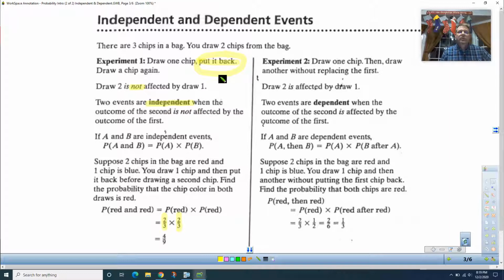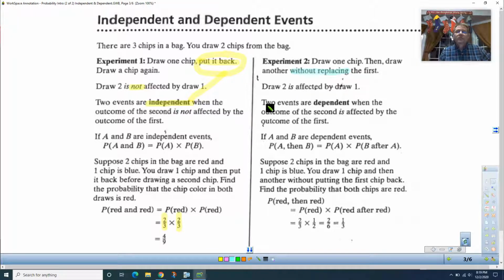So that's independent. In experiment number 2, we're going to draw 1 chip, then draw another one without replacing the first one. We reach in, draw 1, put it to the side, then reach in again and draw another one. The second draw is affected by the first draw.